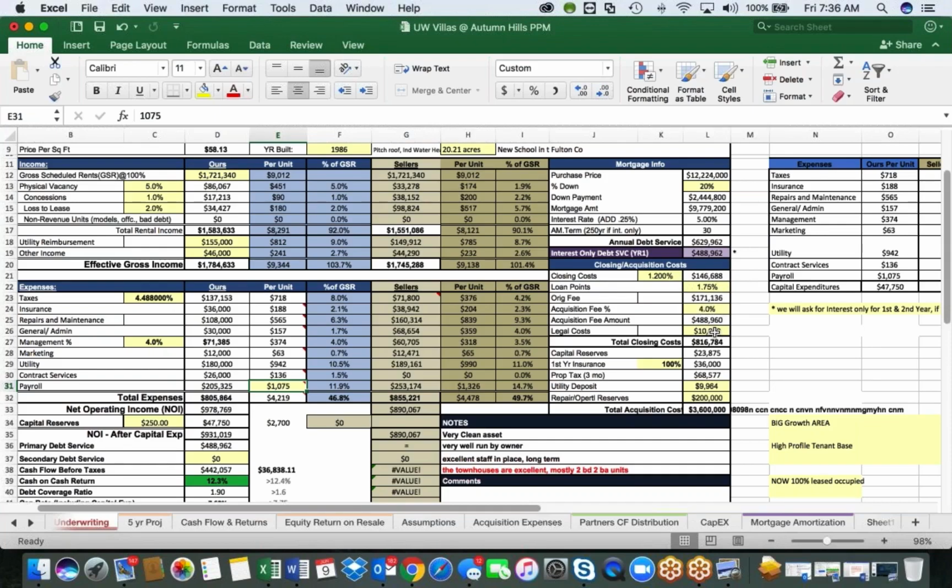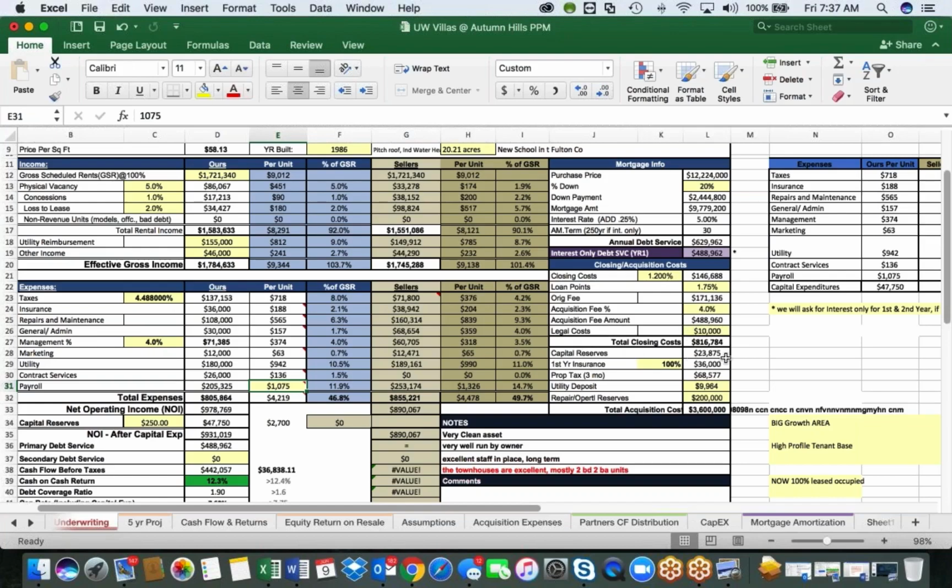And then, of course, acquisition fee, usually 3 to 5%. I always charge 4. Legal cost is a little bit lower because we bought two properties together in one package. So for the syndication attorney, I just made it half and half, another LLC structure and everything. So that's total closing cost.